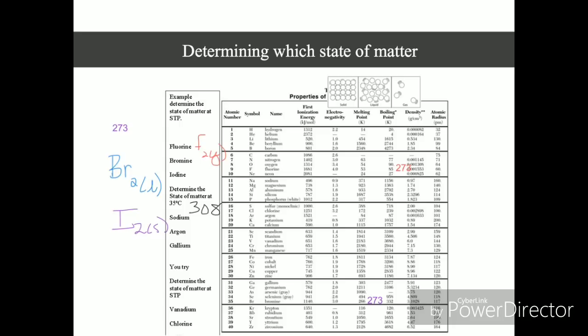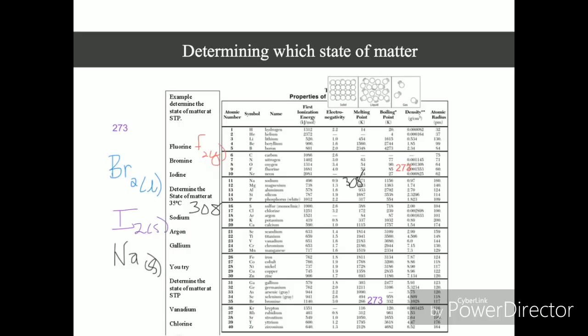So when we look at sodium, element number 11, the value of 308 falls before its melting point. So sodium is a solid at 308 Kelvin. One more example we'll use is for argon. Argon is element number 18.